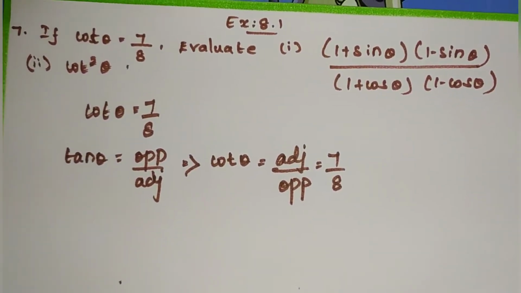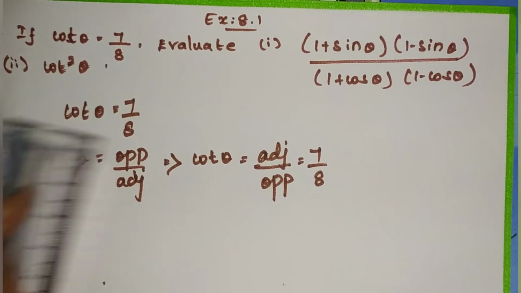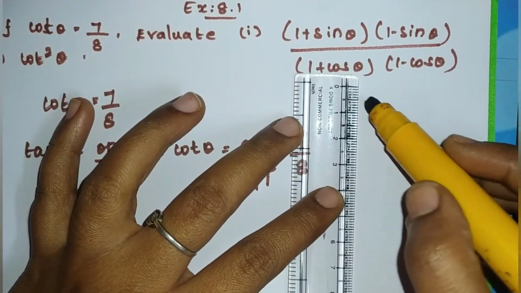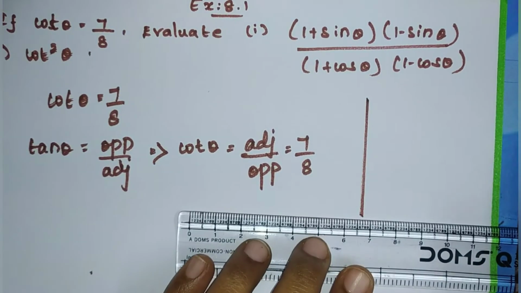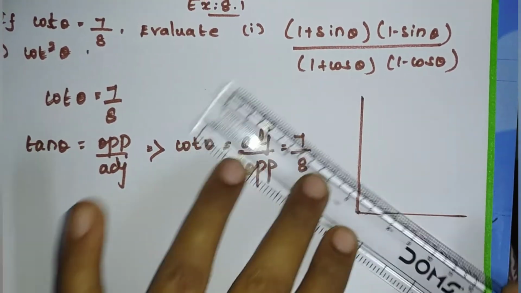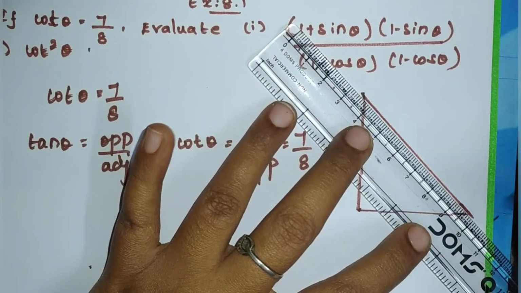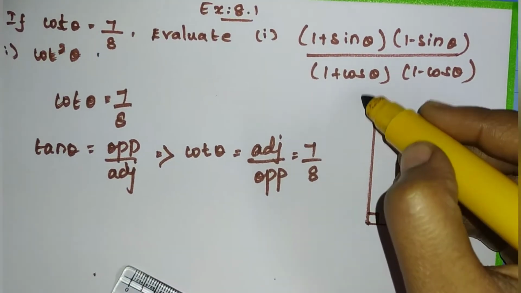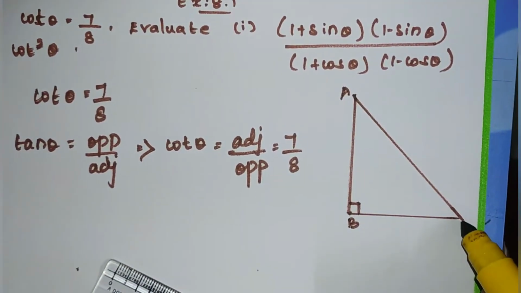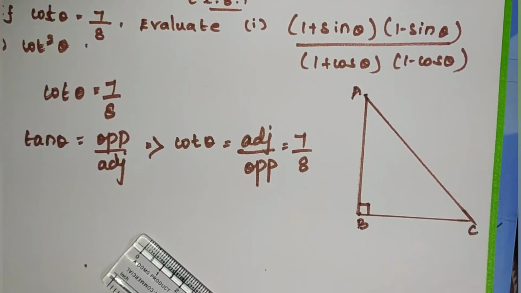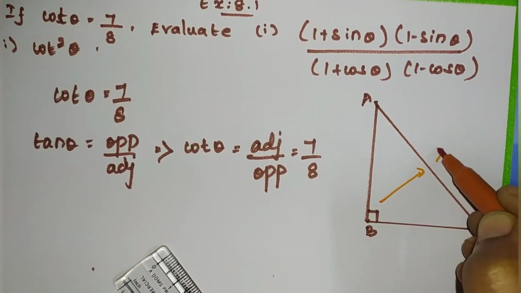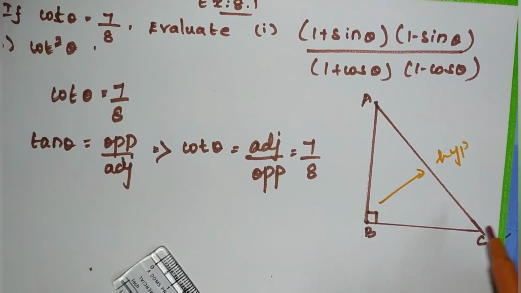Now draw a triangle ABC with 90 degrees, and this is the hypotenuse. And we have to represent theta.